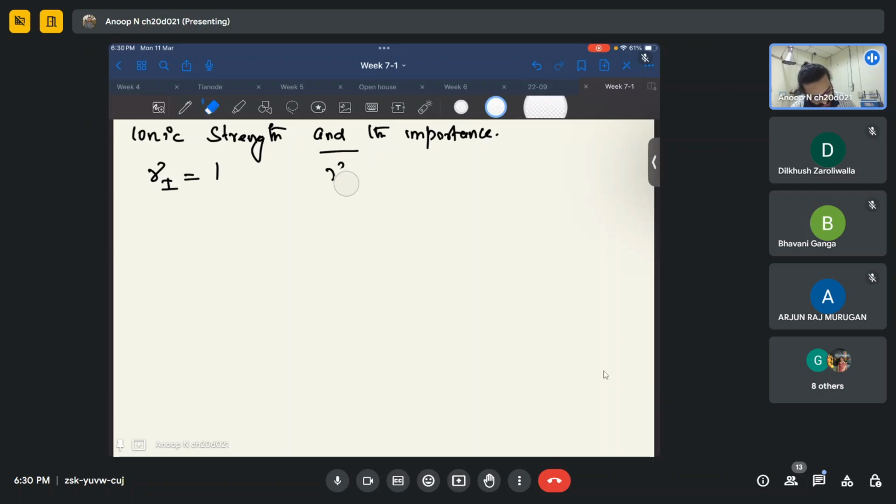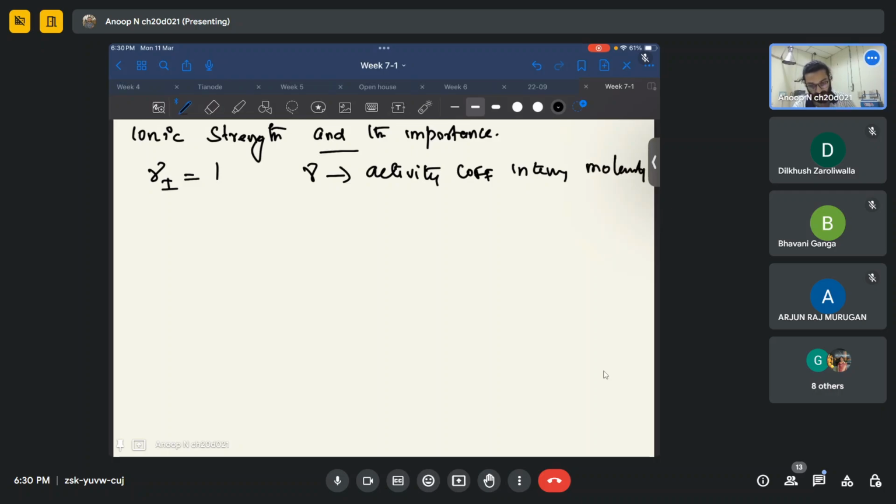We haven't seen the gamma term, so gamma is nothing but the activity coefficient in terms of molality. So we have a plus is equal to gamma plus m plus. Similarly, a minus is equal to gamma minus m minus. So like that we have.